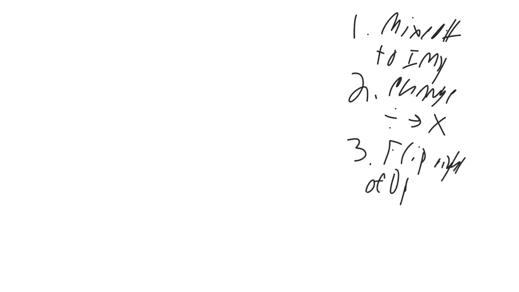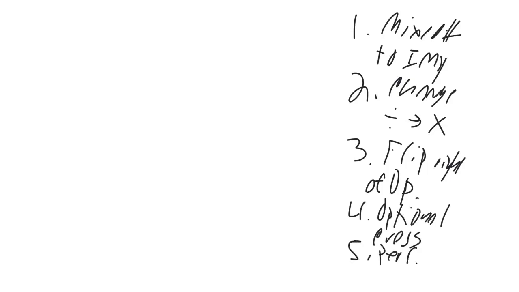Step four is optional: cross cancel. Step five is perform the operation. And step six, of course, is always reduce and simplify.